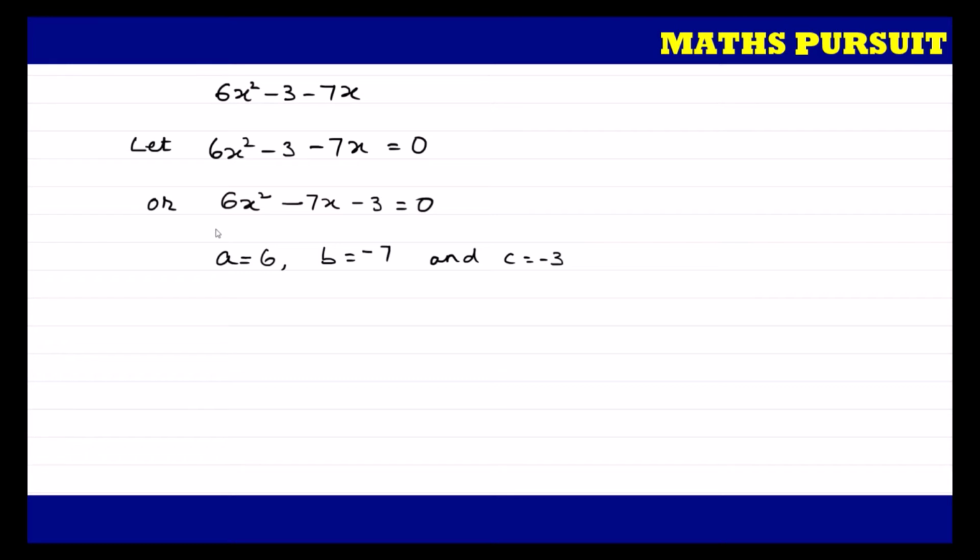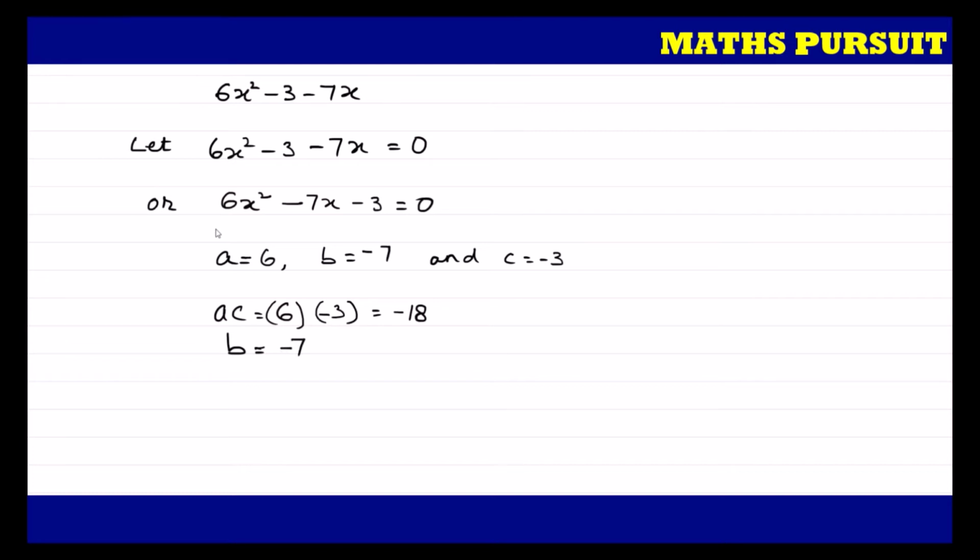Here we got a is equal to 6, b is equal to minus 7 and c is equal to minus 3. So AC is equal to 6 into minus 3, that is equal to minus 18. And we have b is equal to minus 7.